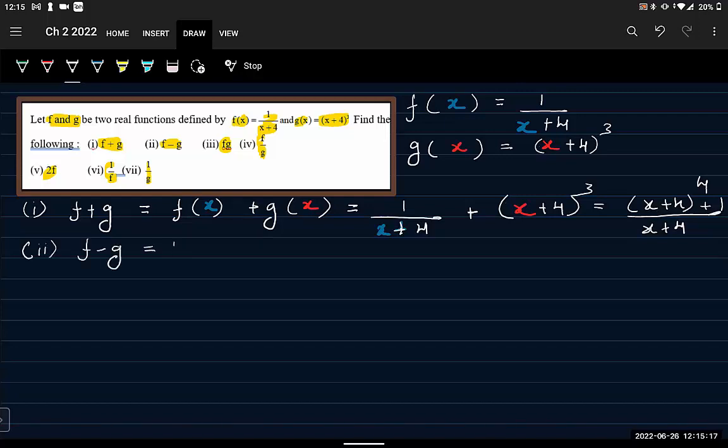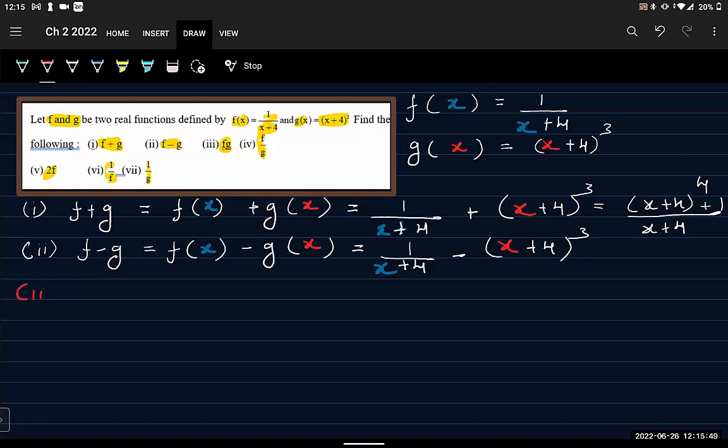According to our definition, again, we can say this is nothing but f of x minus g of x. Again, we just need to substitute the values of f of x and g of x and subtract the terms. So we can write this as 1 upon x plus 4 minus (x plus 4) whole cube. Okay, we'll leave it all over here.